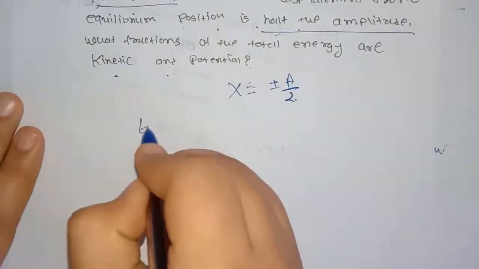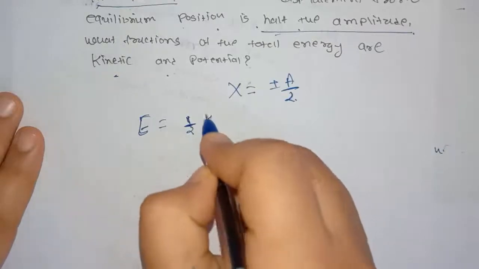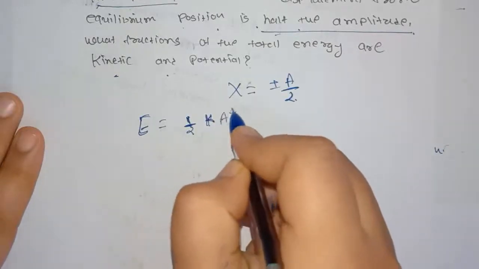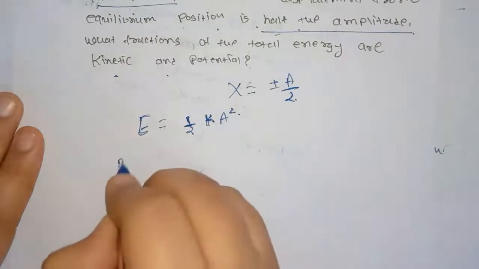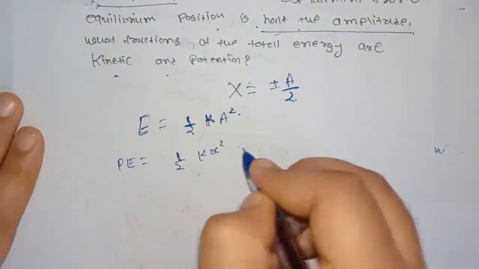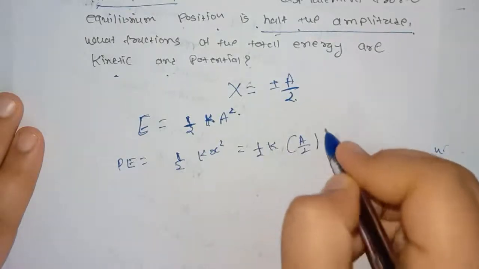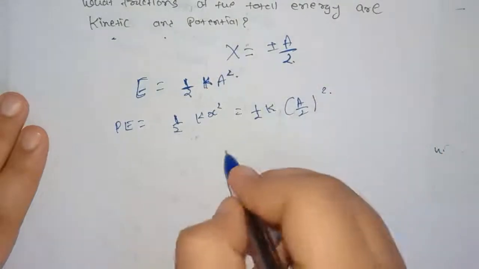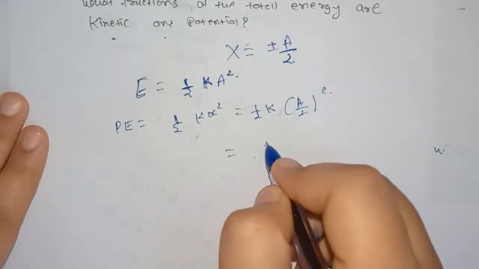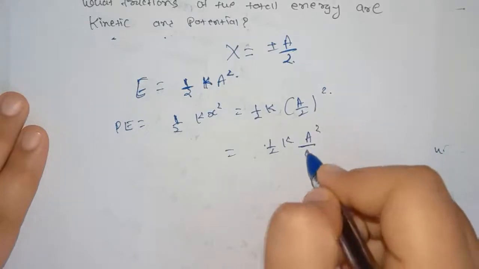Let's say total energy is E, that will be equal to half k a square. Now the potential energy will be half k x square, that will be equal to half k, a by 2 whole square, that will be half k a square by 4.